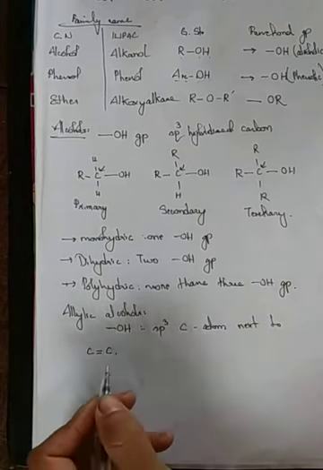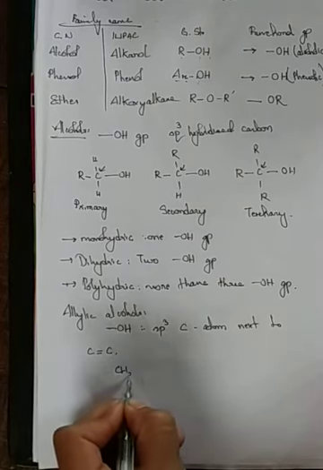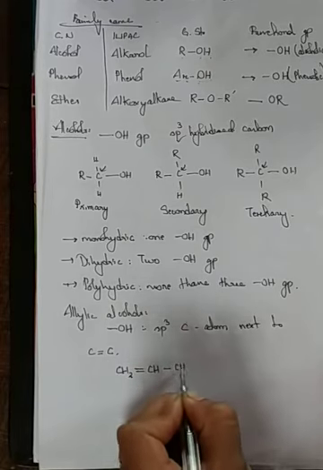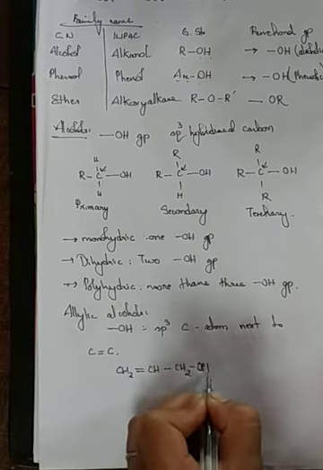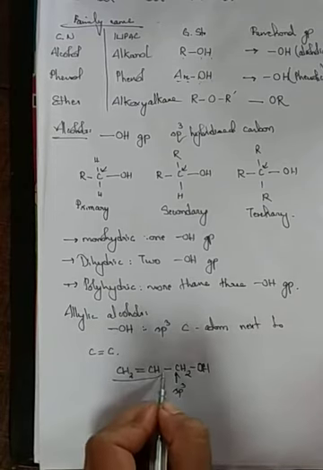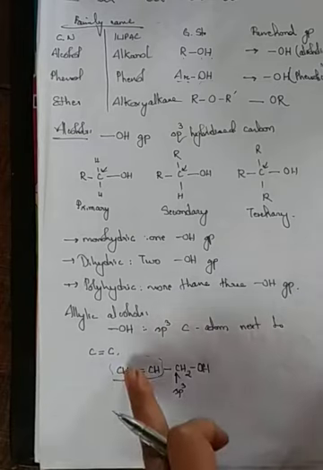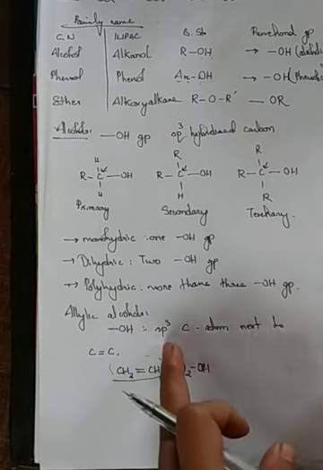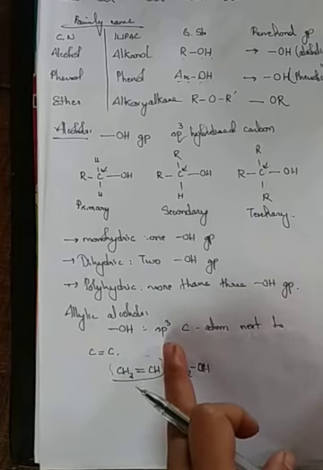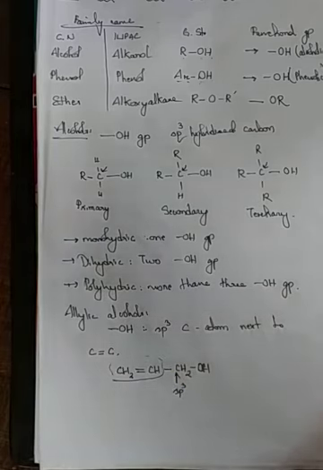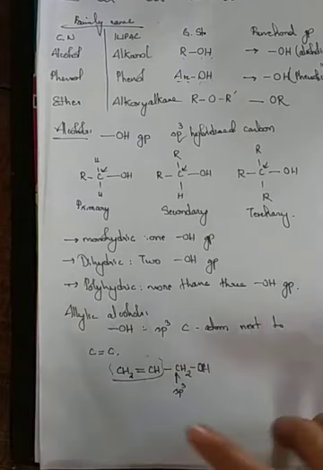Let's check out the example. If we have an allylic alcohol, that is CH2=CH-CH2OH, we see that this carbon is sp3 hybridized, and this is known as the allyl group. Therefore, allylic alcohols are those alcohols in which the OH group is attached to an sp3 hybridized carbon atom next to a carbon to carbon double bond.